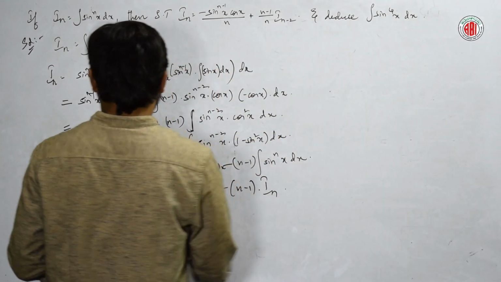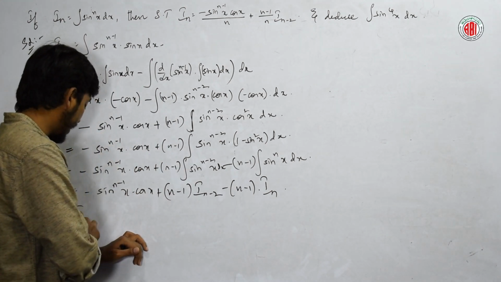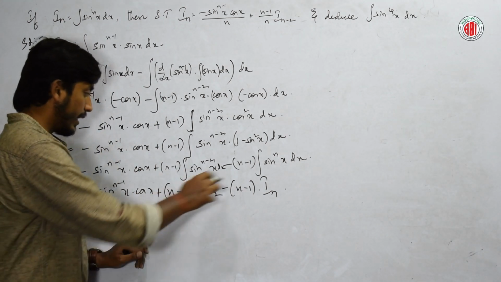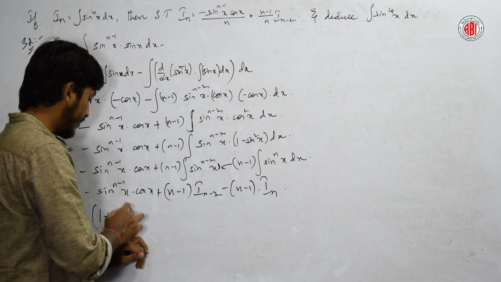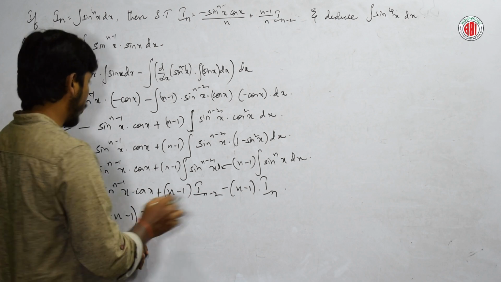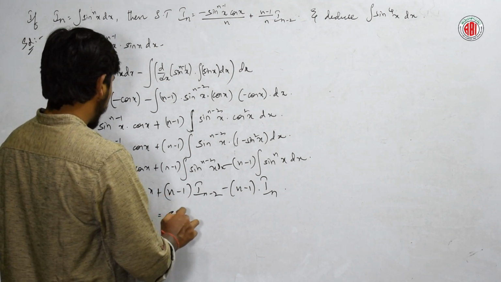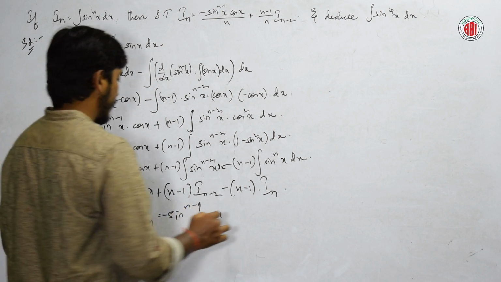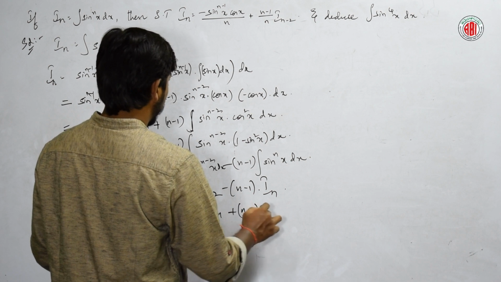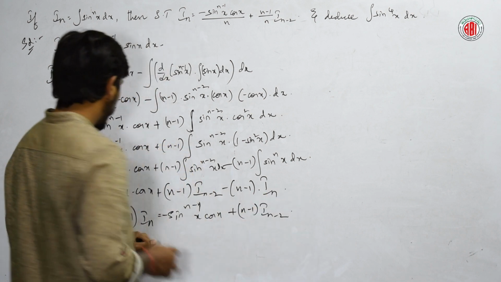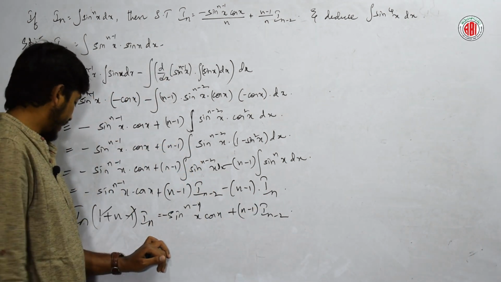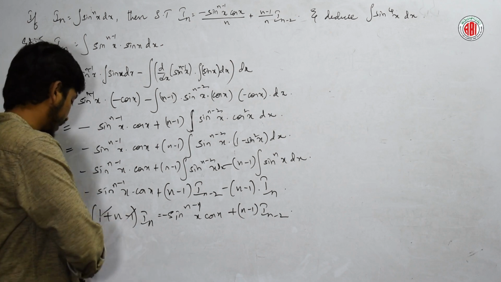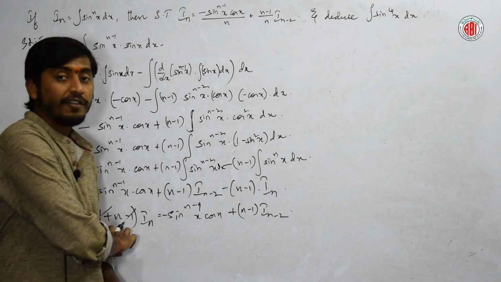So what do I get? If I take In common here, 1 plus n minus 1 into In is equal to minus sin power n minus 1 x cos x plus n minus 1 I n minus 2. If you observe, minus 1 plus 1 will get cancelled, right? I have taken this here, so I will be left with n.